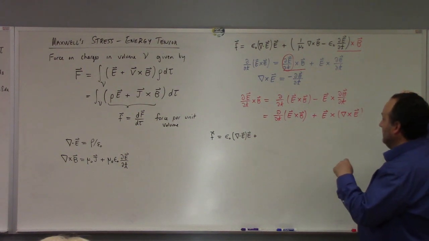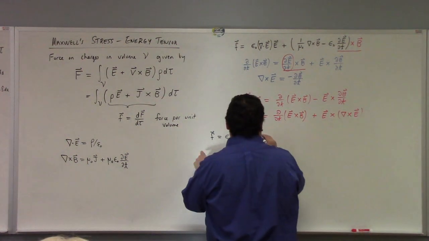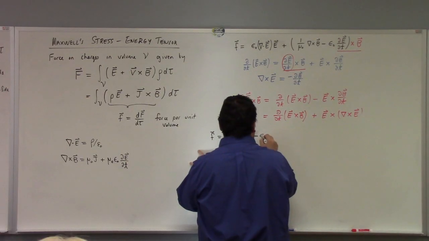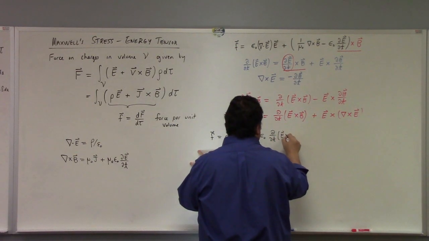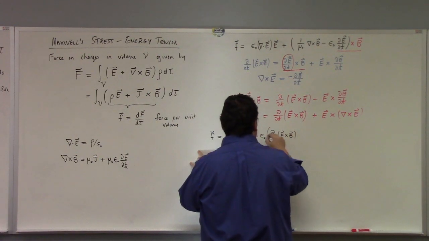Right now we just have minus epsilon naught partial T. Sorry, I'll try not to do too much in one step here.